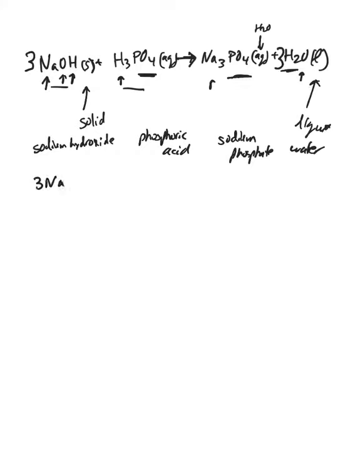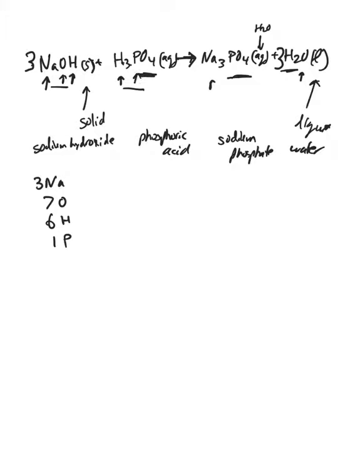3 sodiums. Now I'm counting up the atoms on the reactant side. So 3 oxygens from the sodium hydroxide, and if I add 4 from the phosphoric acid, that gives me 7 oxygens. Then I add up my hydrogens, 3 hydrogens from the sodium hydroxide, 3 from the phosphoric acid, that's 6 hydrogens, and I've got 1 phosphorus atom on the reactant side.